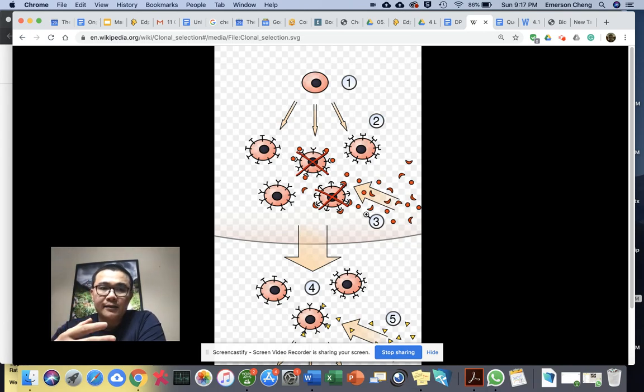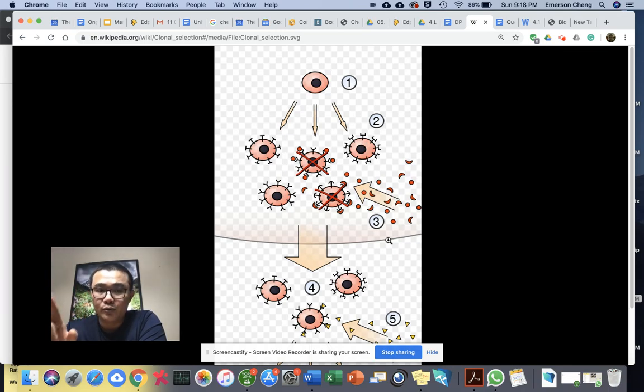And our body has one way for your immune cells to make sure that they know whether a cell that they encounter is from your own body or from a foreign cell. So one of the things they do is that in the bone marrow, while these immature B lymphocytes are being formed, they will be exposed to a whole bunch of antigens that are from your own body.